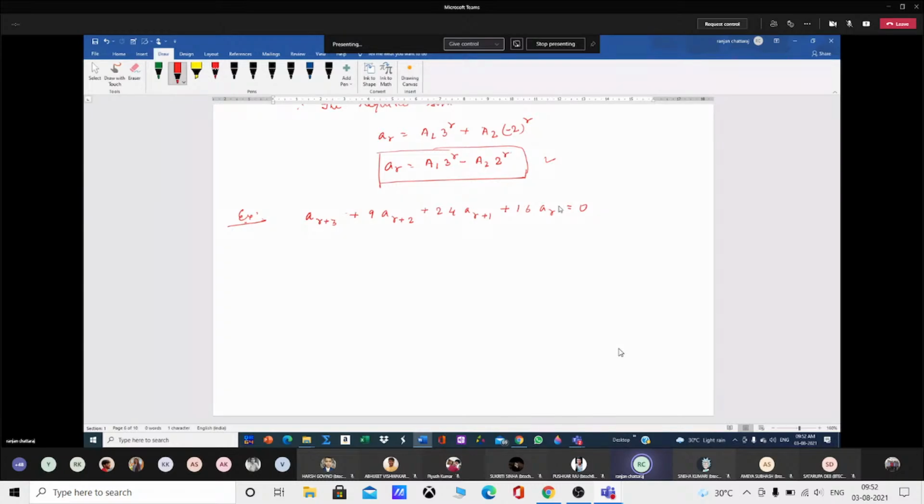Try to solve this one. What is the degree of this equation? 3. Good. Highest is r plus 3, lowest is r, so it is 3.